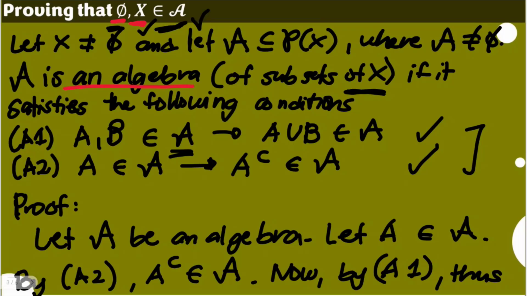Because if they are not around, then whatever set you're writing is not an algebra. Aside from being closed under finite union and complementation, the empty set and the set itself should appear in your set to be called an algebra.